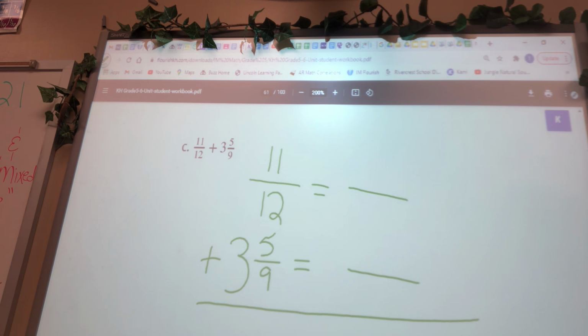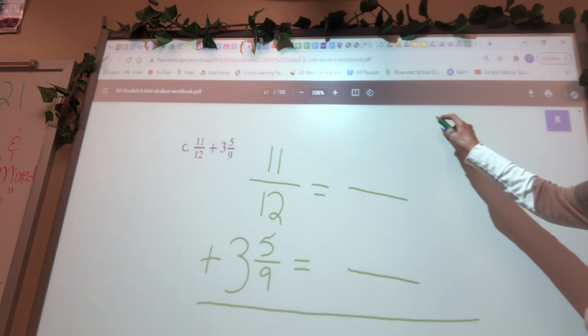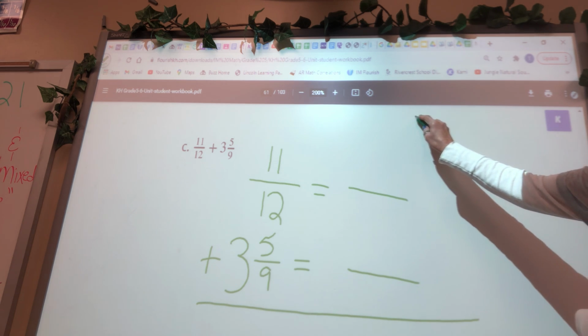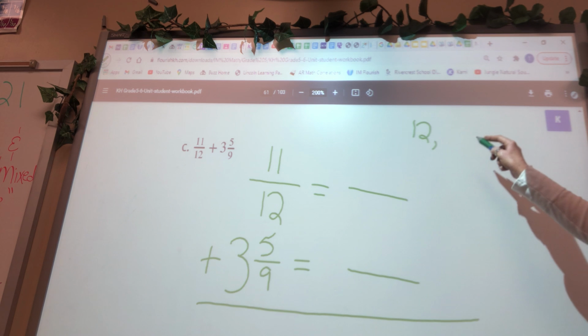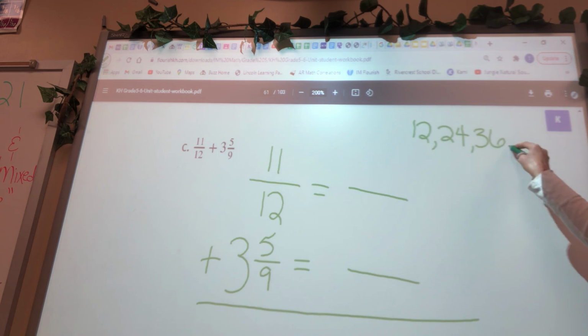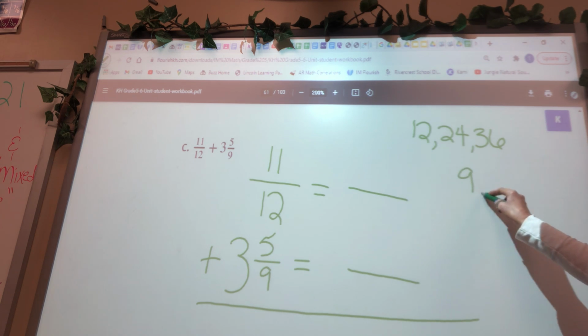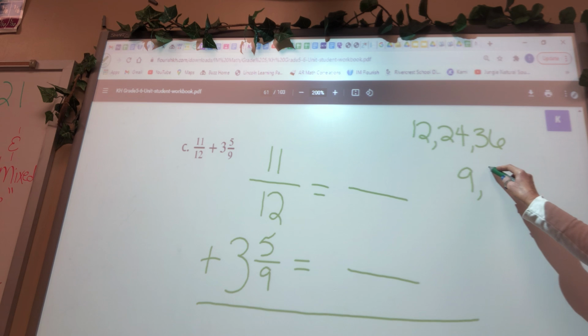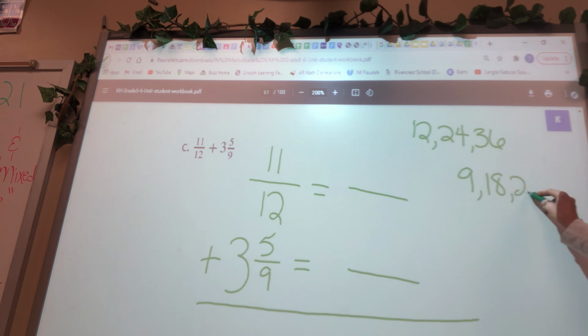Now, I said if you can't think of one just using your multiplication facts, write out their multiples for a minute. 12 times 1 is? 12. 2 is? 24. 3 is? 36. And if you know your math facts, that should have stopped you right there because 9, then 18, 27. Ooh, look at there. So what's our common denominator?